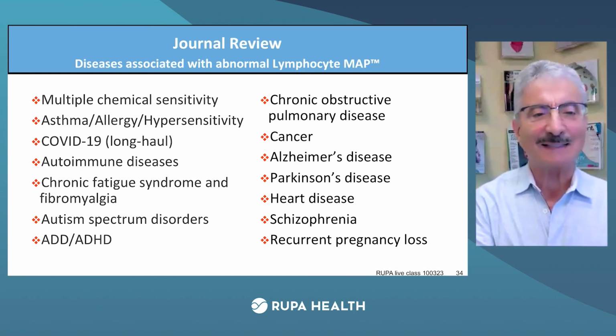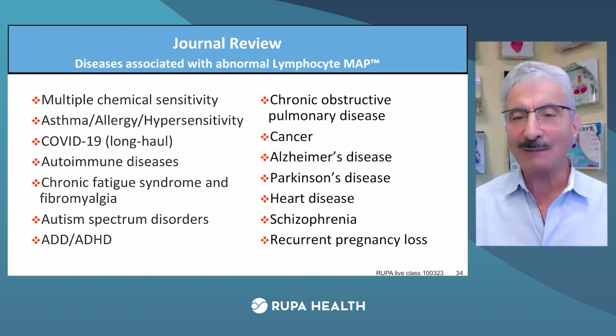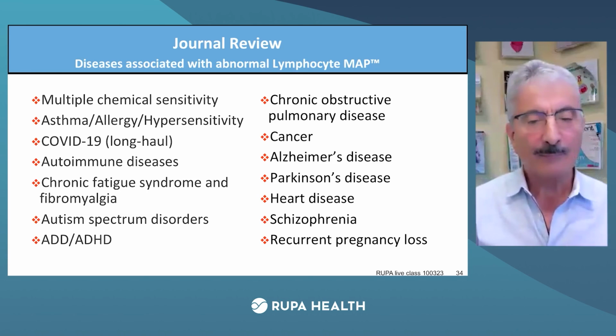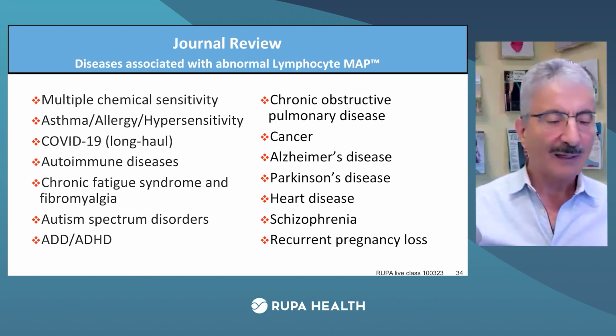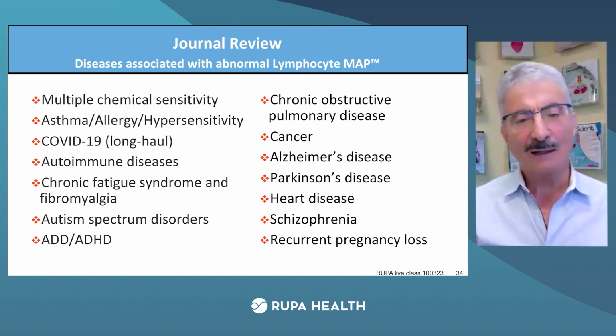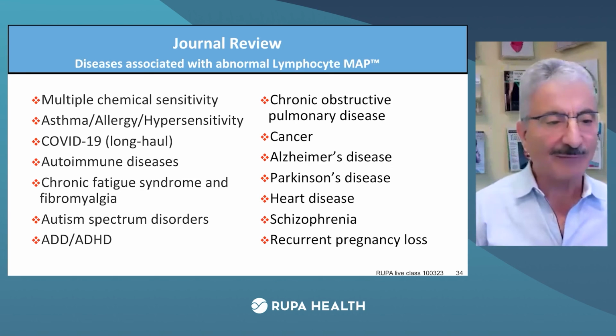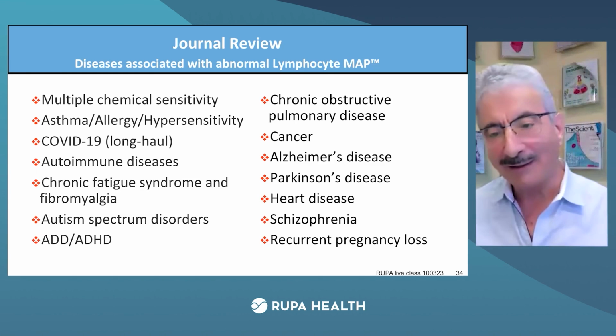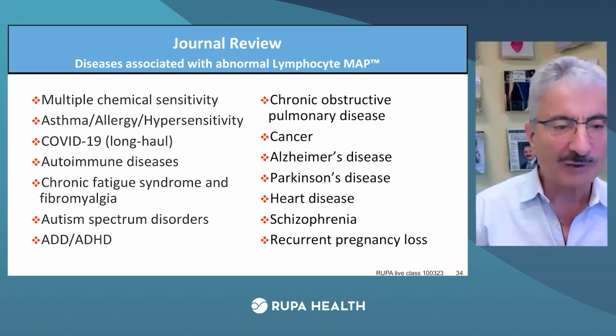What diseases could be associated with an abnormal lymphocyte MAP in general, whether it is abnormal T and B cells, Th1 or Th2, Treg, Th17, or an abnormal NK subpopulation?